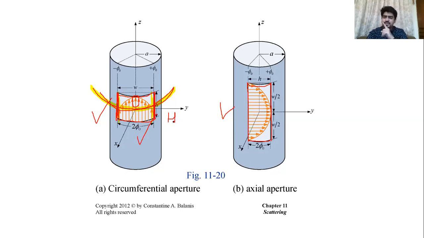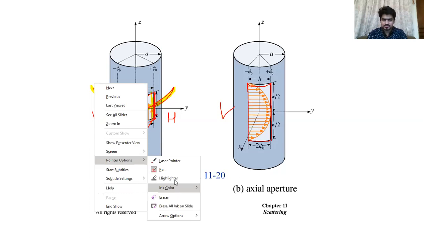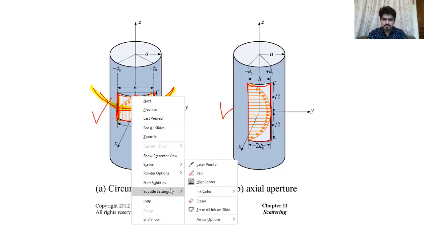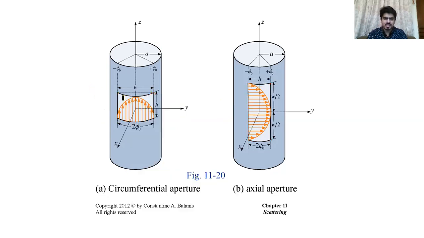If you remember, we discussed the horn antenna, and at that time we had a similar discussion: since your E field is parallel to your edges, you will not have that much diffraction from those two edges. However, if we look at the other two edges, in the vertical plane, this E vector is orthogonal, perpendicular to those two edges.